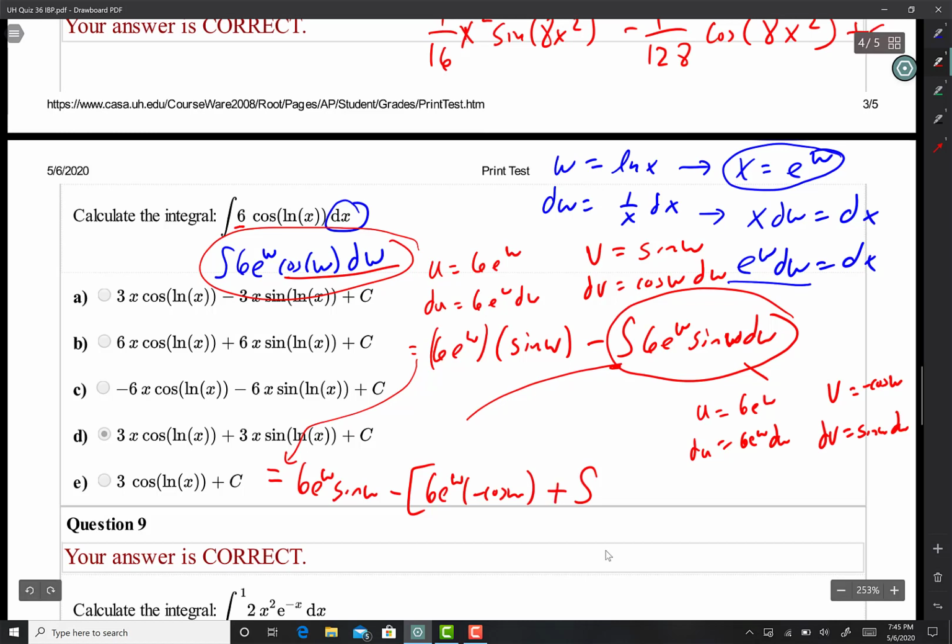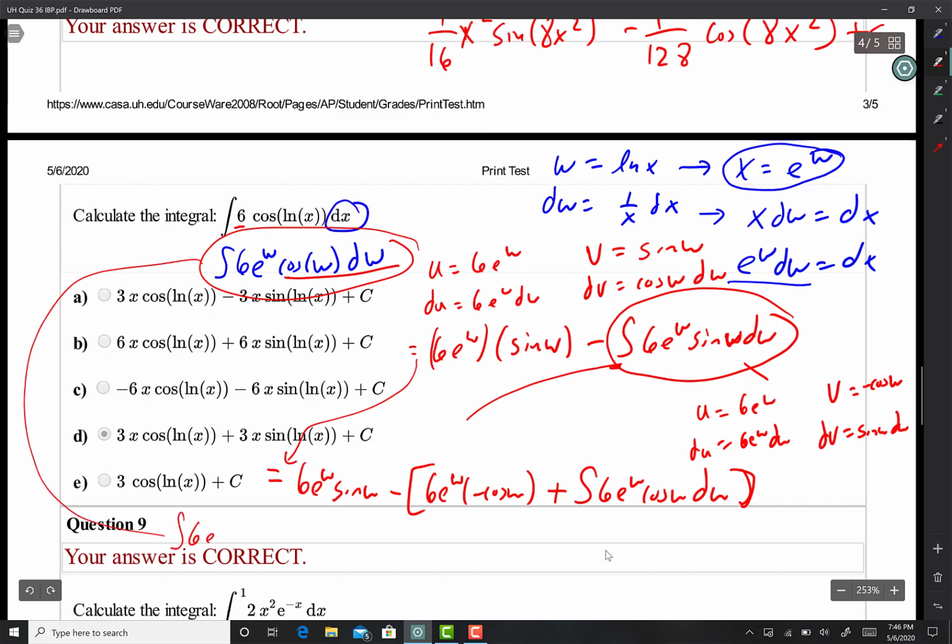So there it is: 6e to the w cosine w dw. Okay, that's in the brackets. I'm going to go ahead and add these up, guys. So here's what I have from scratch.